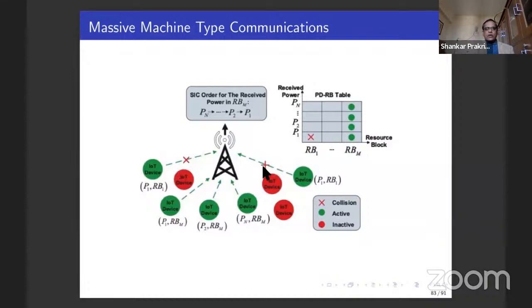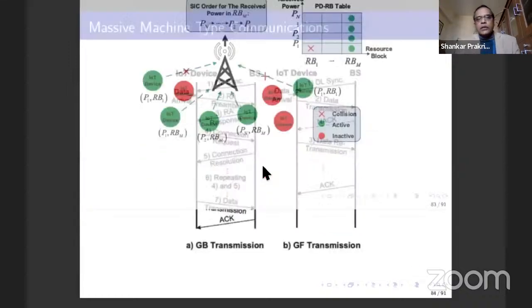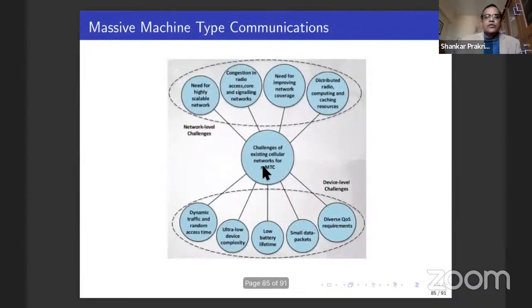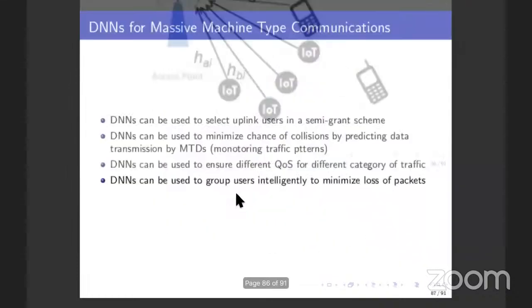Because packet loss does not just mean loss of time, it also means loss of energy, because two or more IoT nodes have wasted their energy. So DNNs are very useful in massive machine type communication. The challenges in mMTC, I think we're running short of time, are many, so I will skip these.